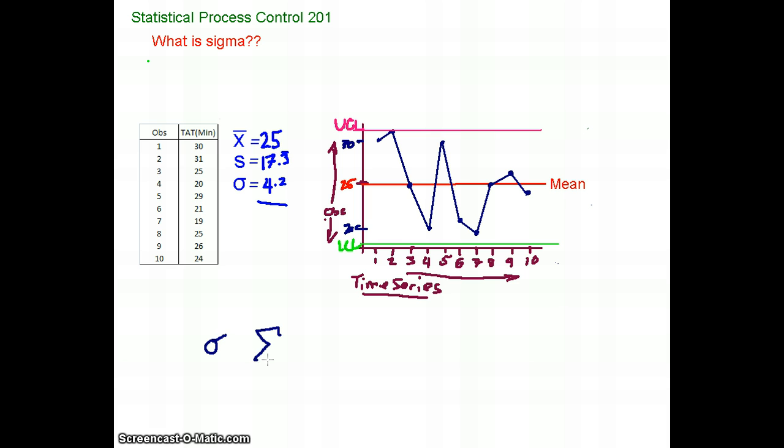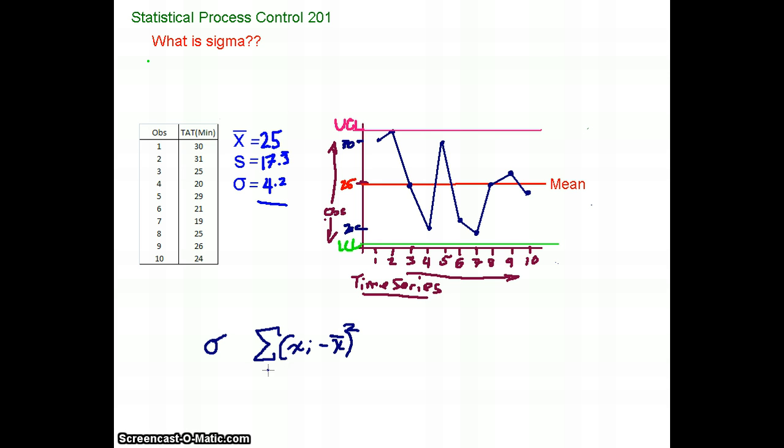So just quickly to review, we recall that sigma, or the standard deviation, is equal to the square root of the variance, the variance being the sum of all the squares of the differences between observations and the mean of all the observations, squared.